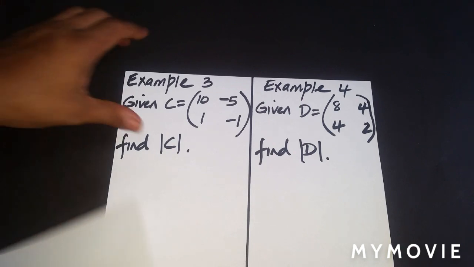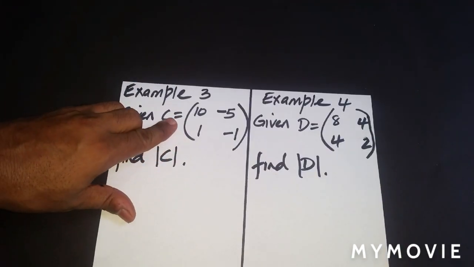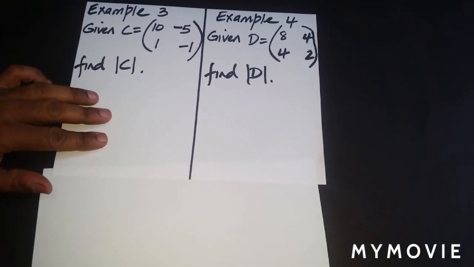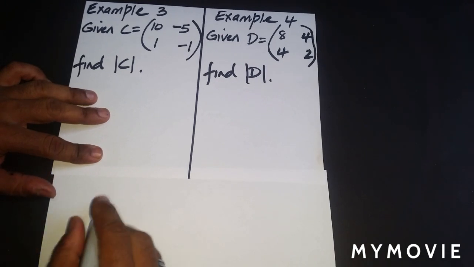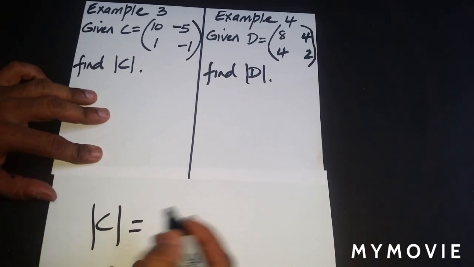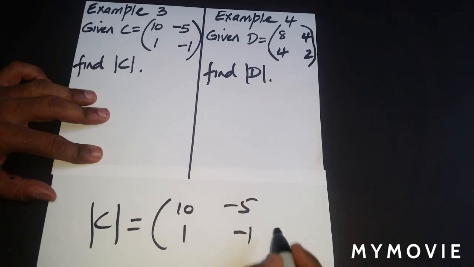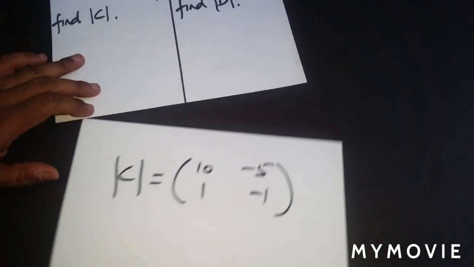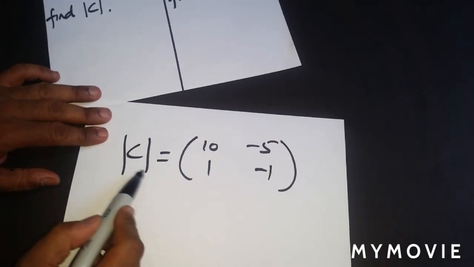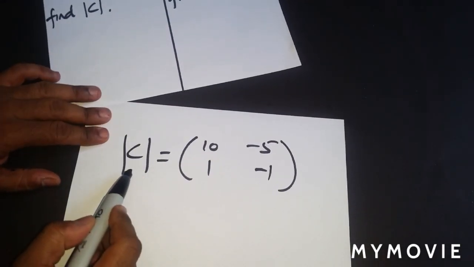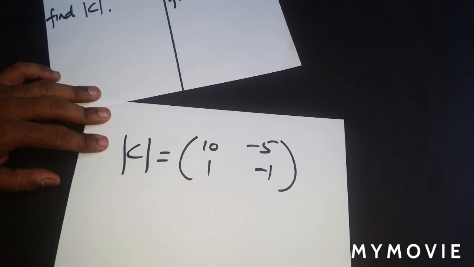I don't want anybody, for example, I'm just showing you this one. This is matrix C, which is that. If you were to make a mistake and do something like this, this wouldn't make any sense whatsoever, because this symbol here means determinant, and the determinant is a single value.